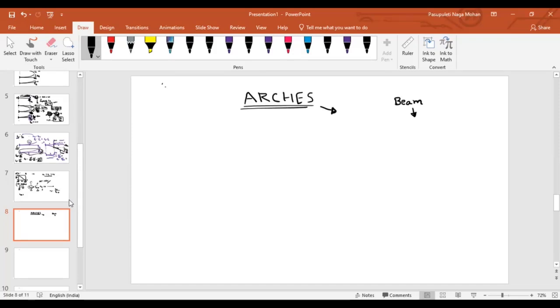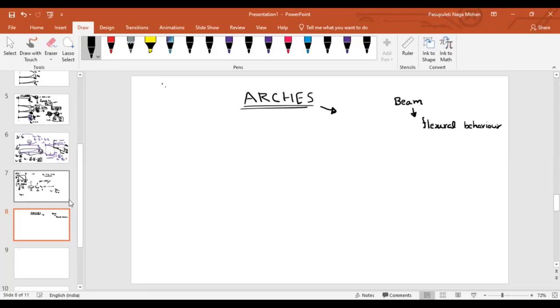It's a flexural member. Whatever loads act upon it, it will resist through flexural behavior. That means through bending.